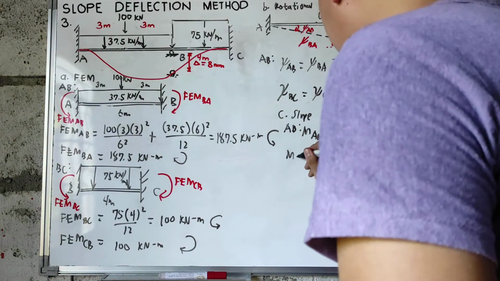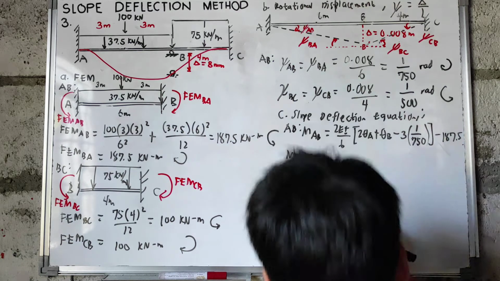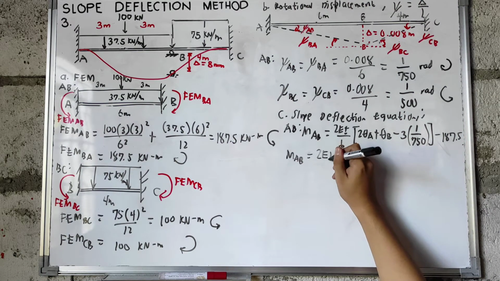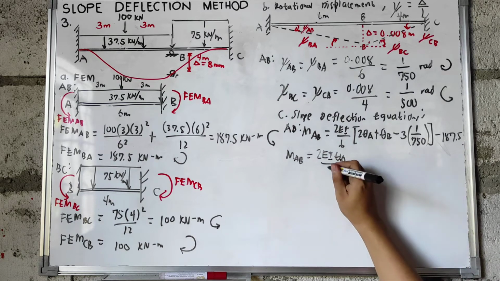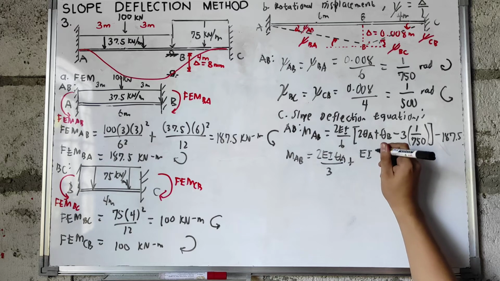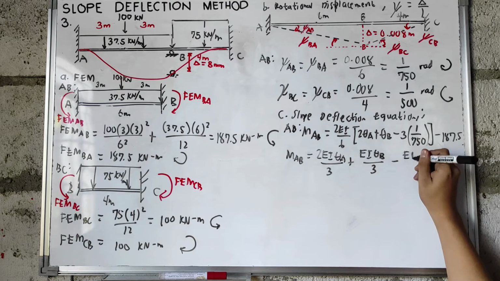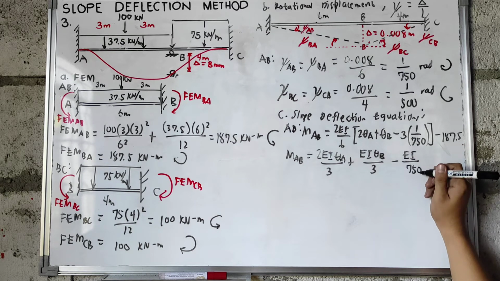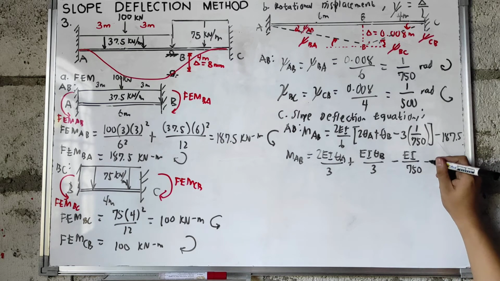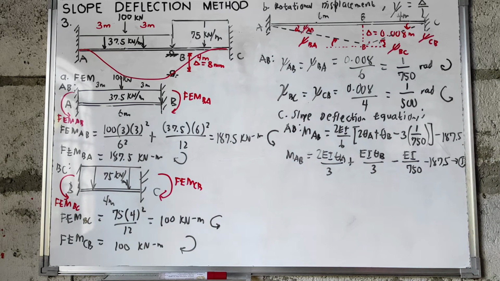So if we were going to further simplify yung equation natin, we will have 2EI theta A over 3 plus EI theta B all over 3 minus EI over 750 minus 187.5. So this will now become your equation number 1.